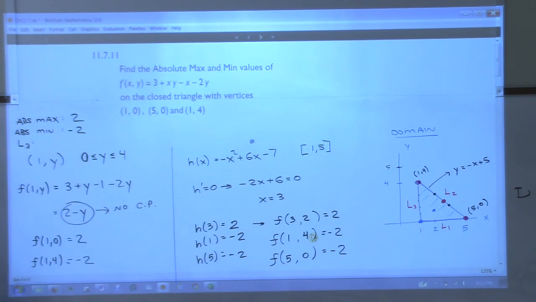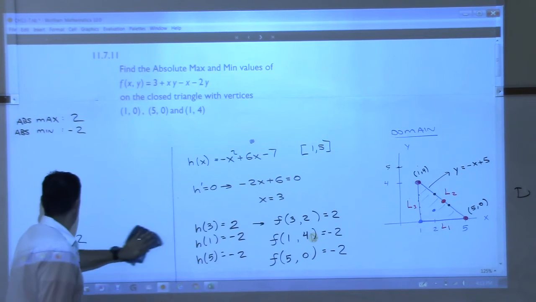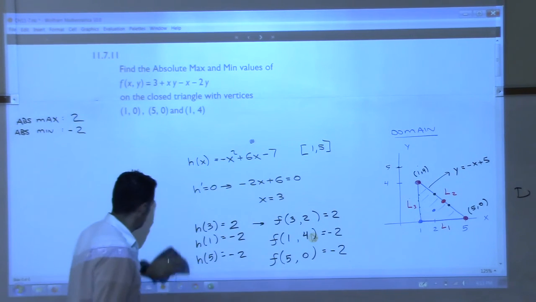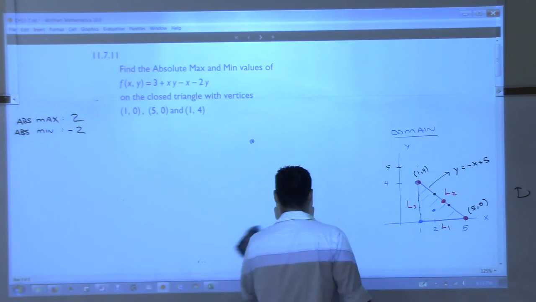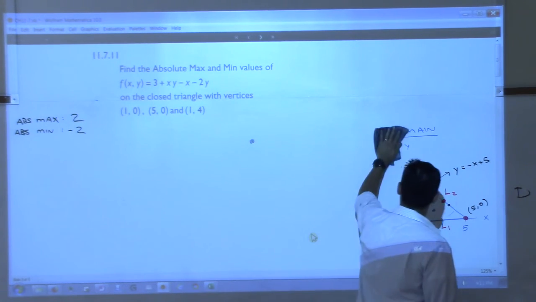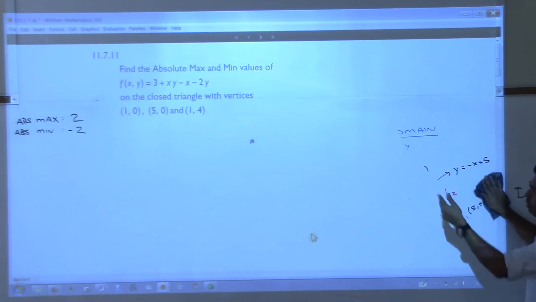In this, I'm not as interested in knowing where it happens, just what the value is. Where it happens would just be the xy along with those z's.